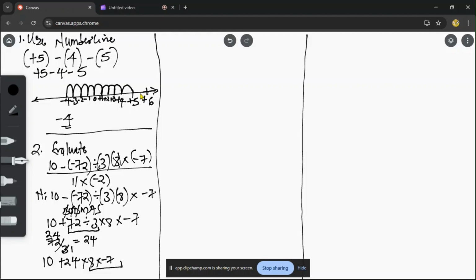The answer will be a negative, because a positive number multiplied by a negative number is supposed to be a negative number. So I'll take 8 multiplied by 7, so 10 plus 24, you're multiplying by, this one becomes a minus, then 8 by 7 gives you 56.